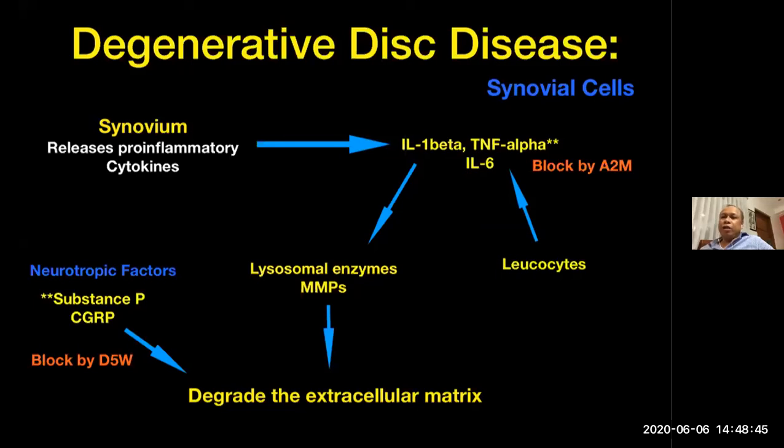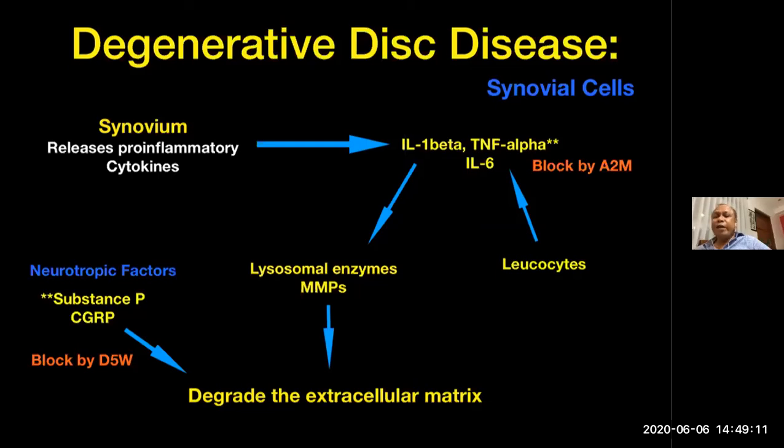And so the synovium from that area will release the pro-inflammatory cytokines in the form of interleukin-1 beta, TNF-alpha or tumor necrosis factor alpha, and interleukin-6. Now, this comes into play with leukocytes. And together with these pro-inflammatory cytokines, it releases the lysosomal enzymes and the MMPs as well.